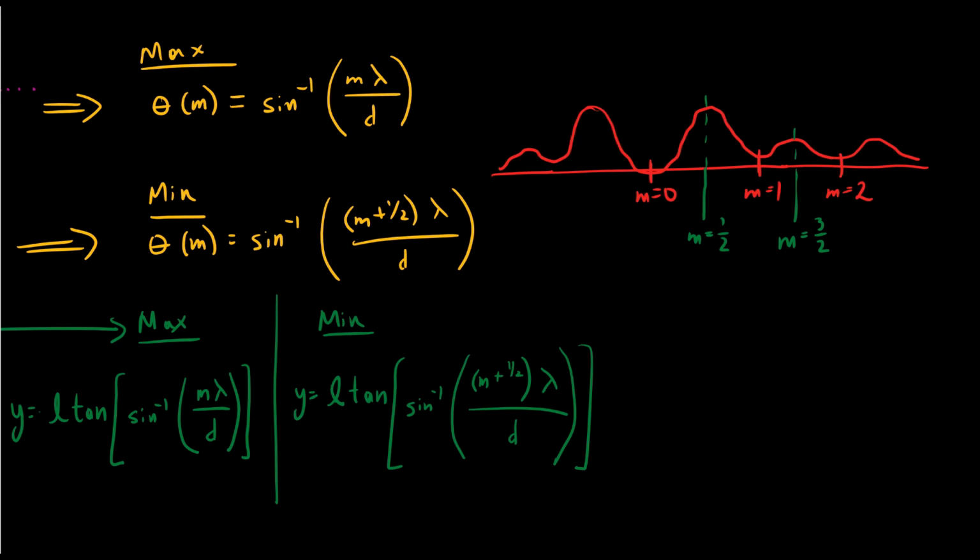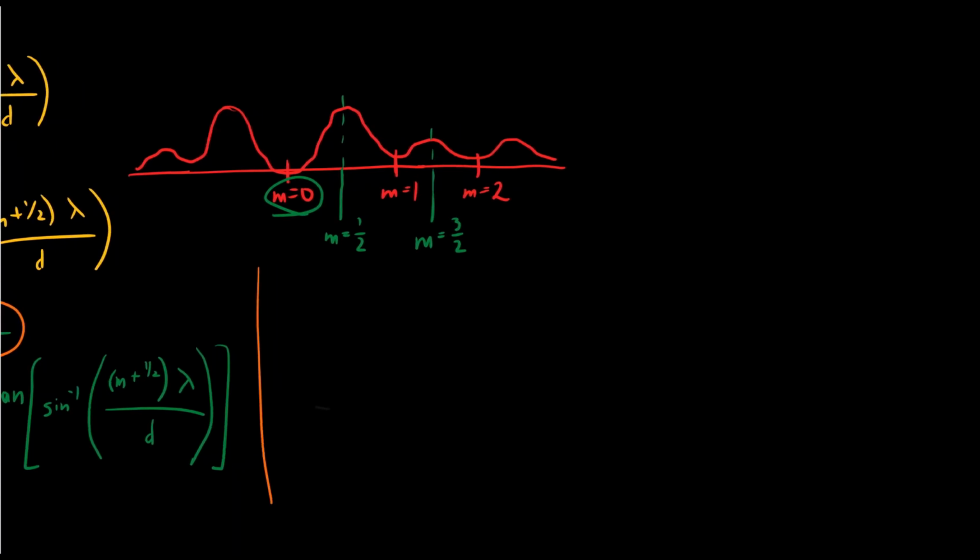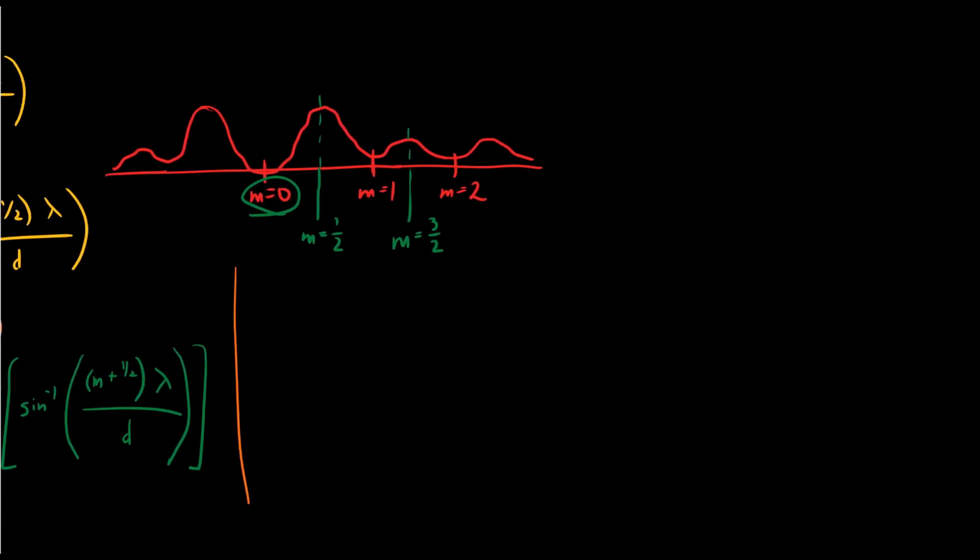So, in other words, all that really means is if our central point, m equals 0, is a minima, then the labels on these two equations over here just switch. And that's all that really happens. So for our case where the central point is a minima, we can rewrite the equations as follows.